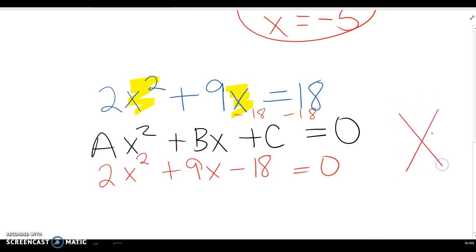When you try to factor, you have a product, a times c, of negative 36 and a sum of 9.